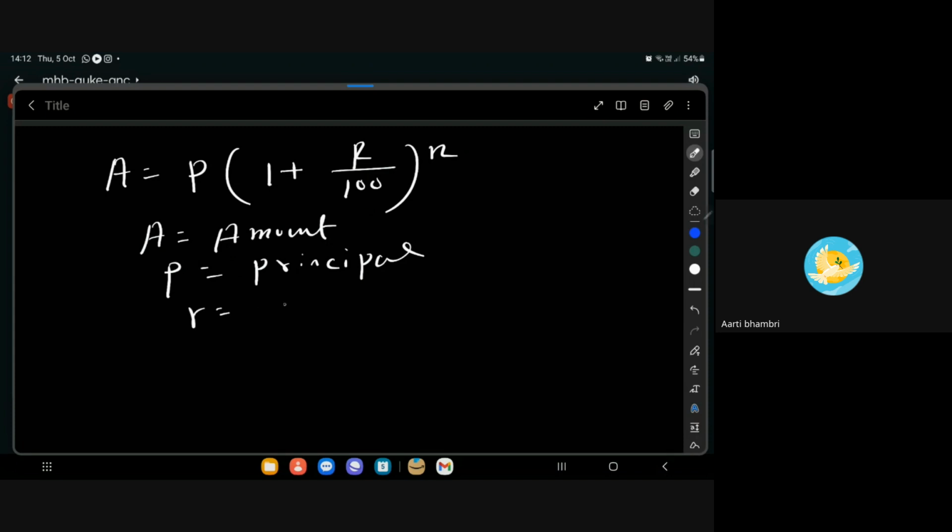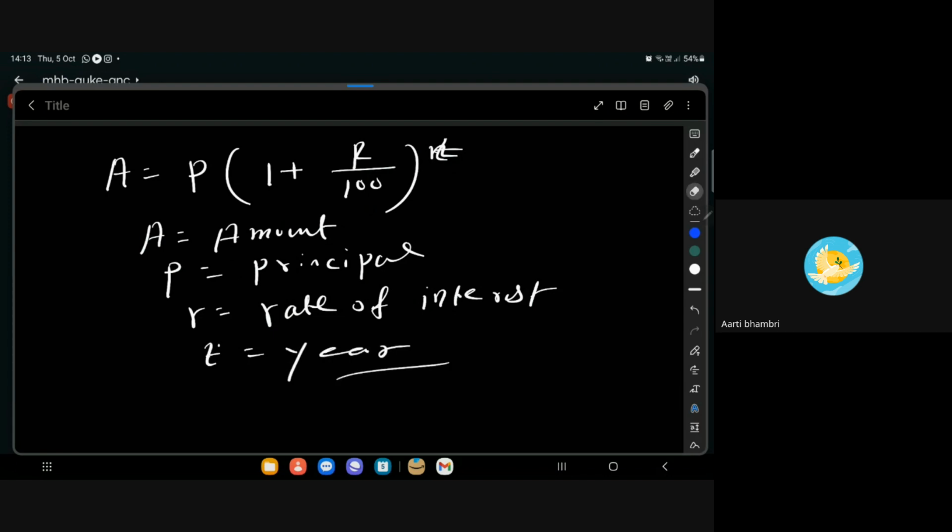Then R equal to rate of interest, and T equal to time in years.